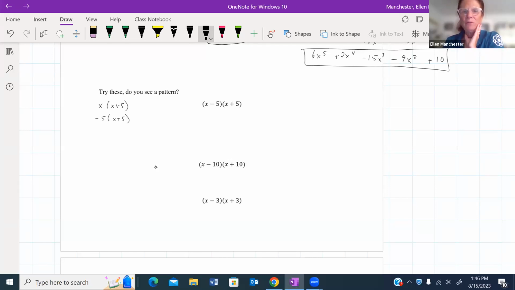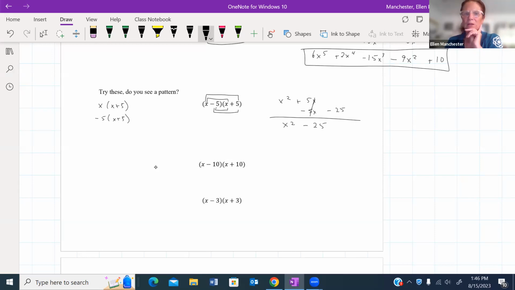So if I do FOIL, first times first is x squared. Outside is 5x. Then inside is negative 5x. And last is negative 5 times 5 is negative 25. When I add these, I get x squared. Those cancel, minus 25.